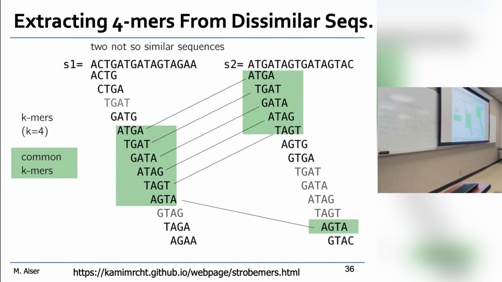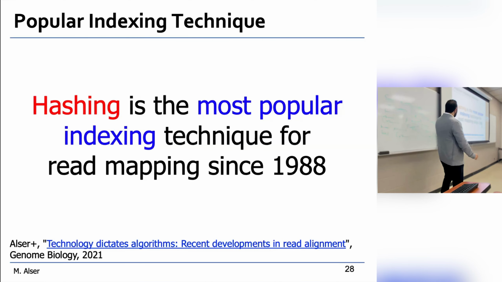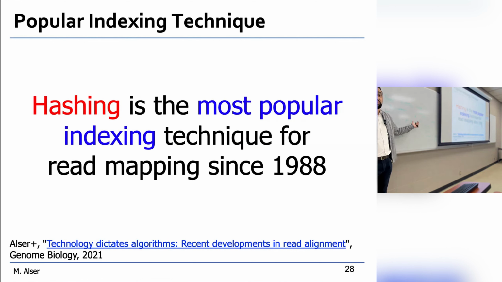We already discussed it in our paper called Technology Dictates Algorithm. So we discussed the exact difference between the two terms. They are very important. Okay, maybe someone does not agree with us. Maybe they have a different way of thinking about alignment and mapping.